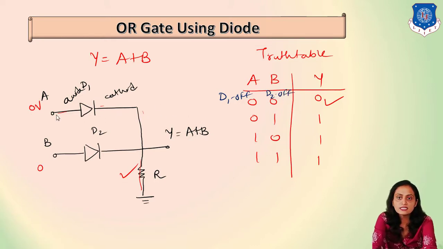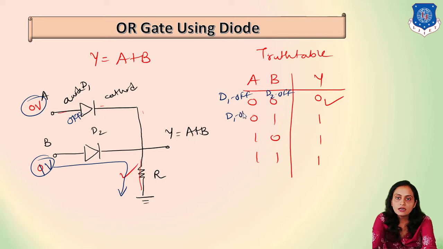Now let us consider the second case, that A is 0 volt and B is 1 volt. This is the second case. So what happens? This diode is again off here and this diode will be on. So there will be a current through this path, and that is why we can say here D1 is off, D2 is on, and as D2 is on, we can say this 5 volt is connected directly to the output, and it is providing us logic 1.